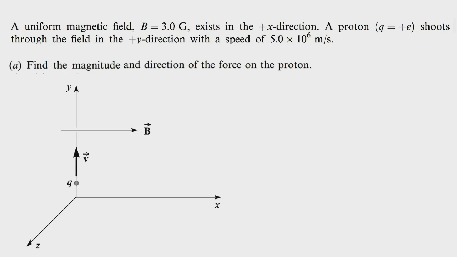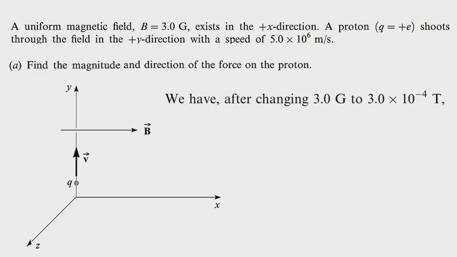Since the force is perpendicular to both the magnetic field and the velocity, this simply means that the force is directed towards the z direction. This leaves us to just calculate the magnitude of the force on the proton.